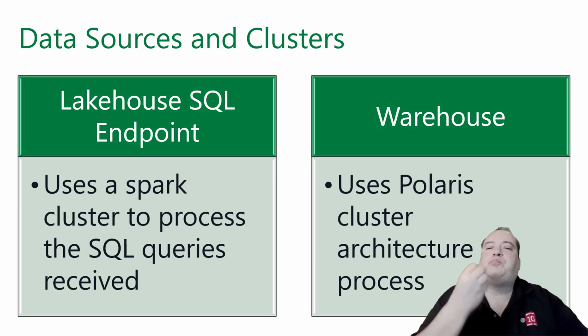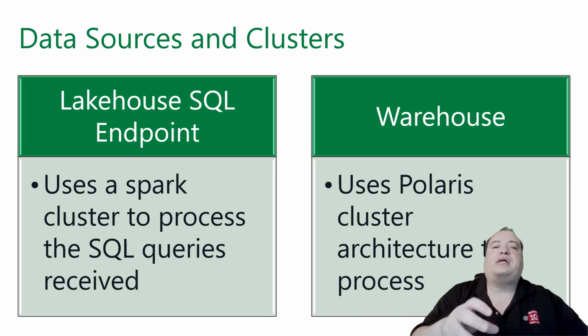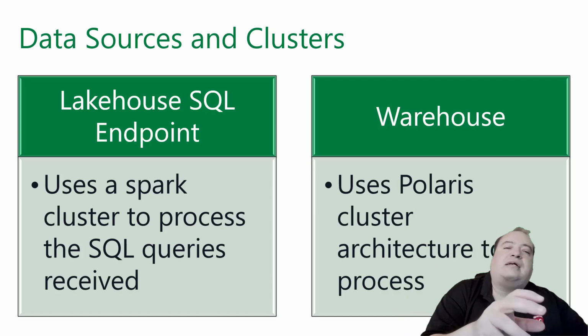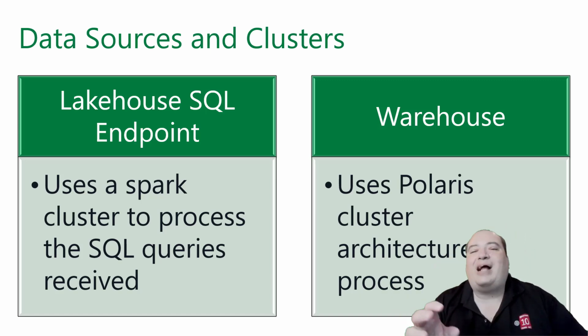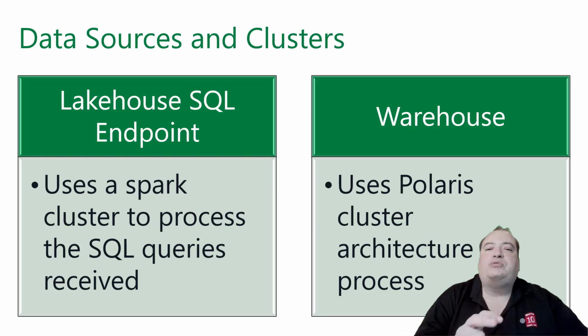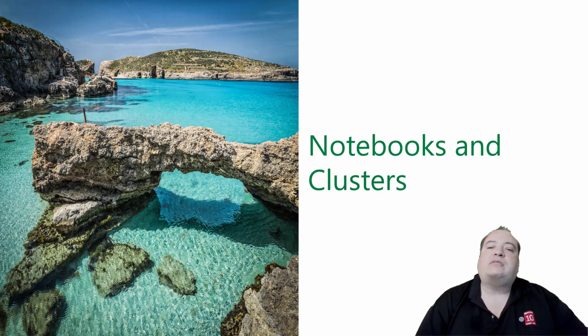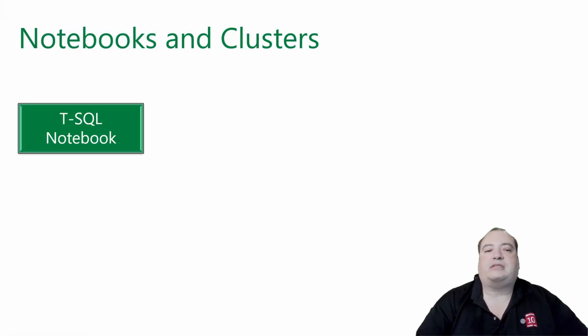But the main point is that when a SQL query arrives at either a lakehouse SQL endpoint or a warehouse, a cluster will be used to scale out these queries. Then we can conclude any query to a warehouse or lakehouse SQL endpoint already has a cluster to retrieve the data. Now let's talk about the relation between notebooks and clusters.